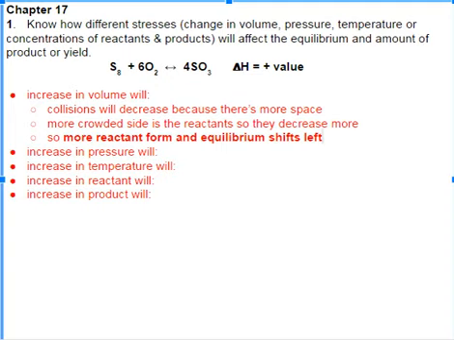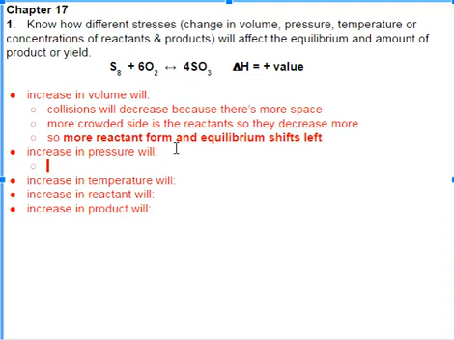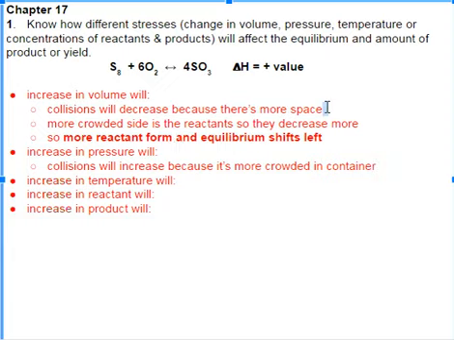What if you increase the pressure in this system? What does that do to your collisions? Yeah, increased pressure will crowd things more, it'll increase collisions. It's more crowded in the container.